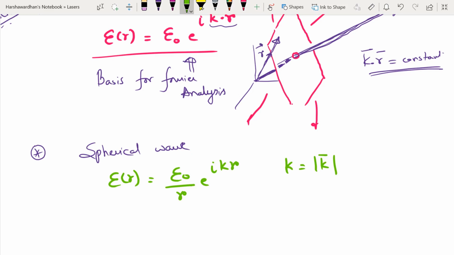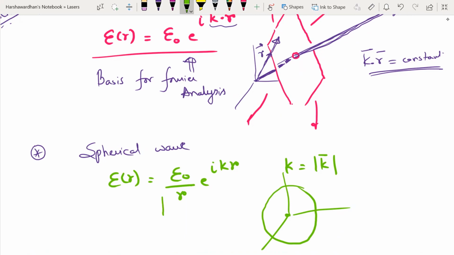Again, this is a very interesting solution. We have a constant amplitude on spheres centered around the source, and the amplitude itself falls like 1 over r, so that the energy falls like 1 over r square. What it means is that constant energy is flowing out from such a system.